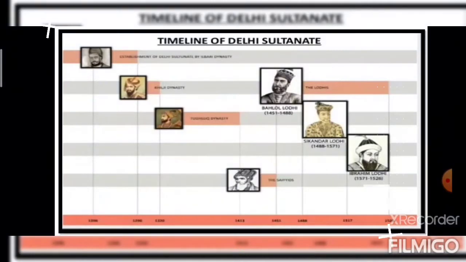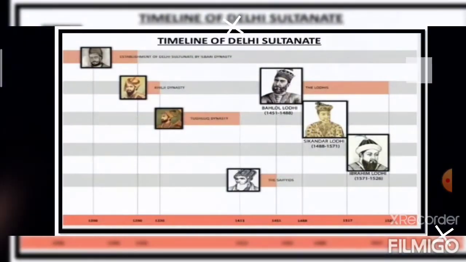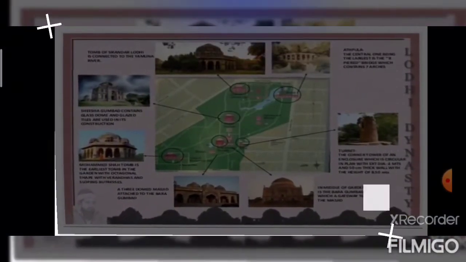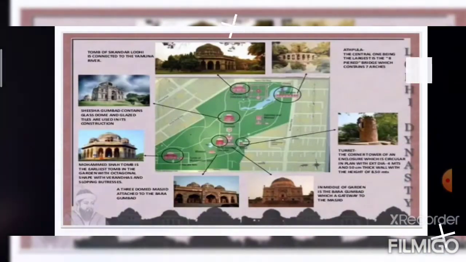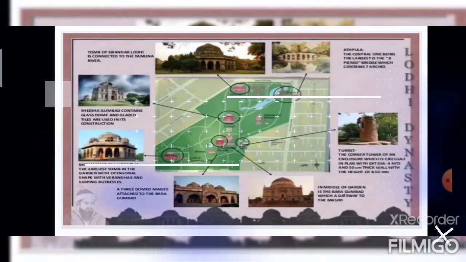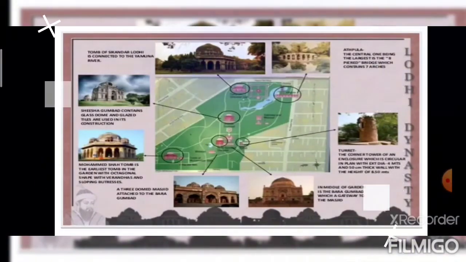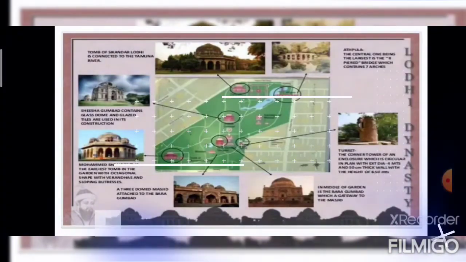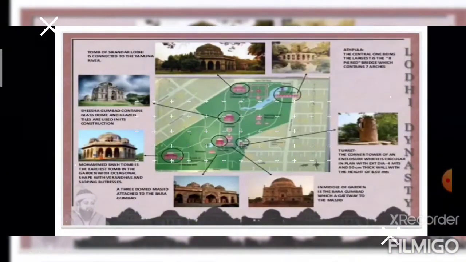Now this entire chart will provide you with the timeline of the Delhi Sultanate. As you can see here, the green colored image shows Lodhi Park, and it is surrounded by different architecture.